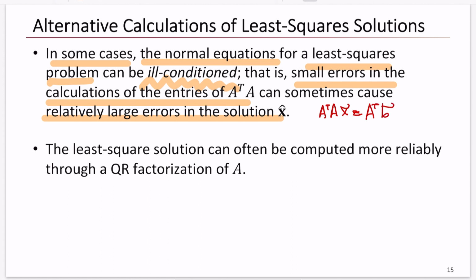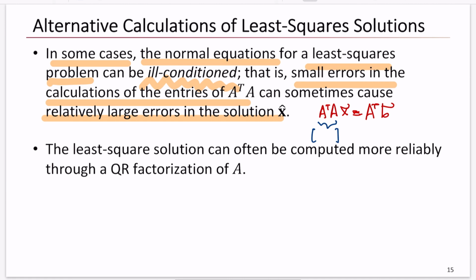So in either case, in theory there's no error. But as we discussed in our previous lectures, like pivoting, this square matrix is represented in computer programming using floating point, a fixed number of bits to represent your floating point number.